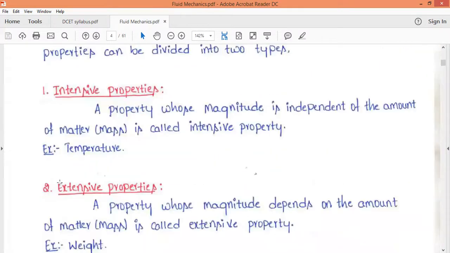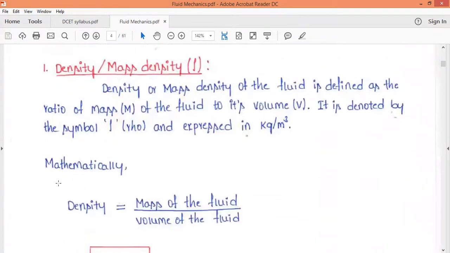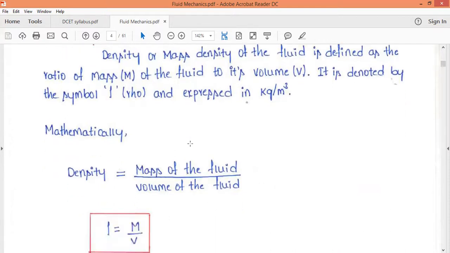Next, the first property of the fluid is the density or mass density. It is defined as the ratio of mass of the fluid to the volume of the fluid. That is m by v gives you the density of the fluid.